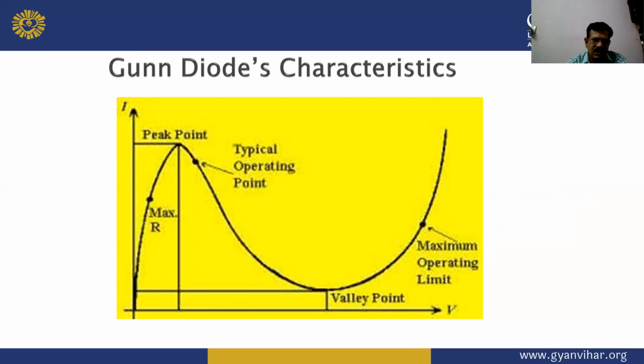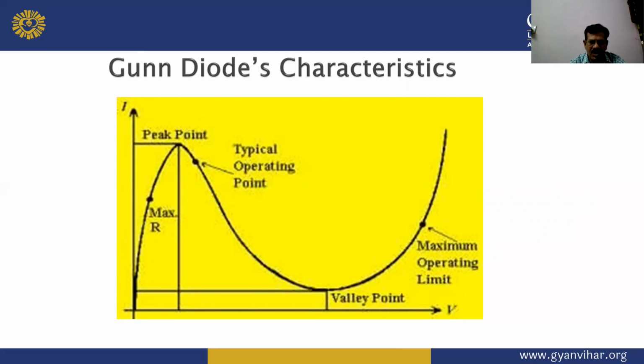After this peak point the current decreases in the typical operating point. So this is the negative resistance region, because in this region we are increasing the voltage while the current is decreasing. This shows the negative resistance region of the Gunn diode characteristics.